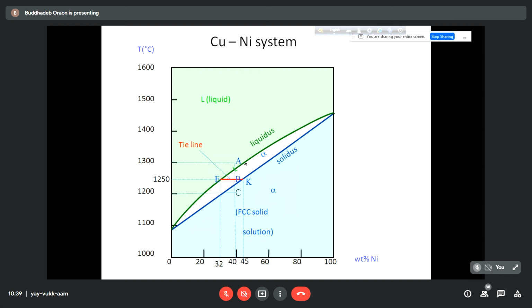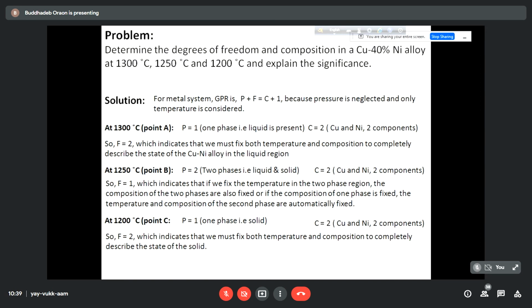Now let us first see this one. At A, the phase is only one, liquid phase, so P equals 1. And for the number of components, we have copper and nickel, so two components.